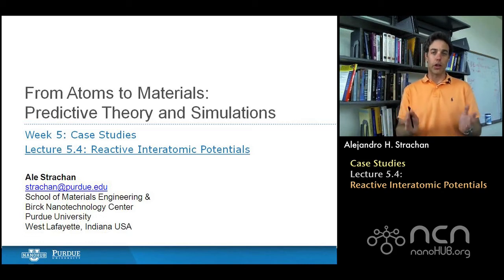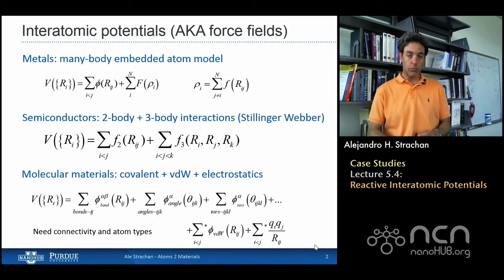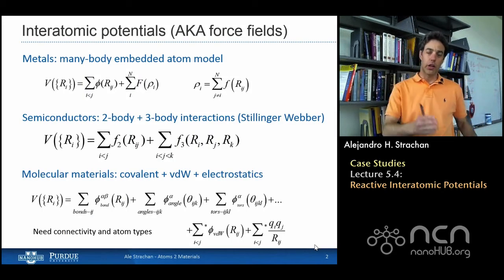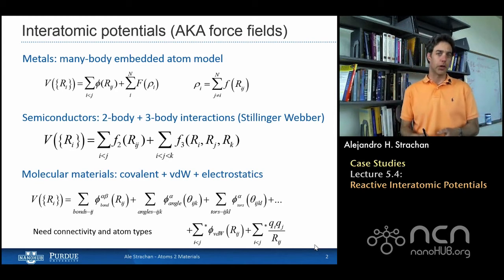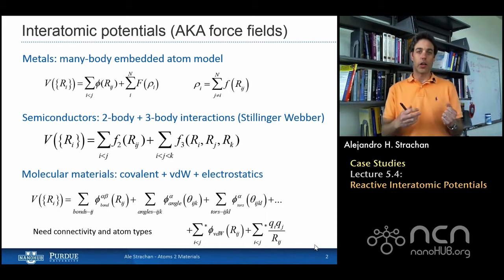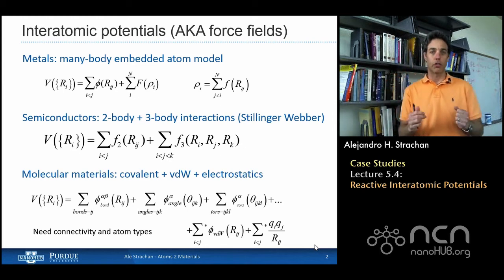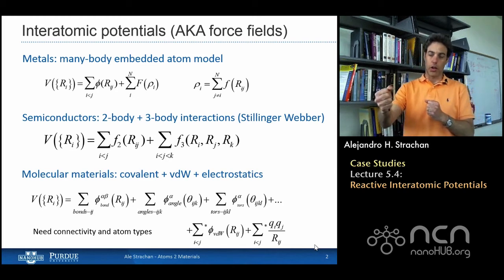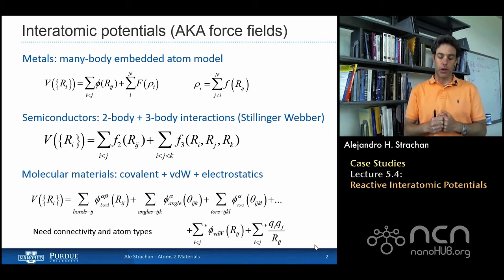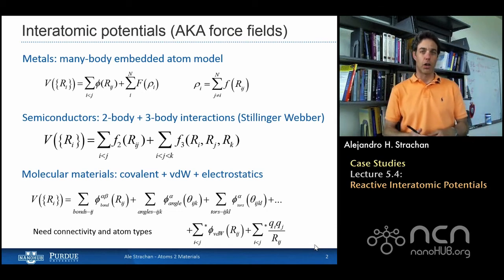We're going to discuss some of the basic ideas that allow us to do these types of simulations. So in the lectures throughout the course, we've learned about different classes of interatomic potentials. We talked about potentials for metals, and there we talked about the importance of many-body effects to characterize how the changing environment affects the bonding between atoms. We talked about the embedded atom model that works very well for most metals.